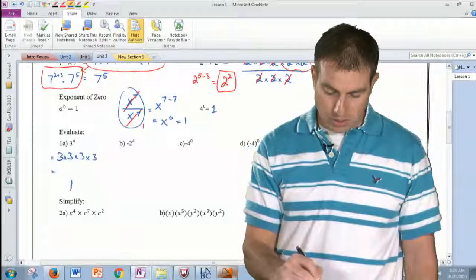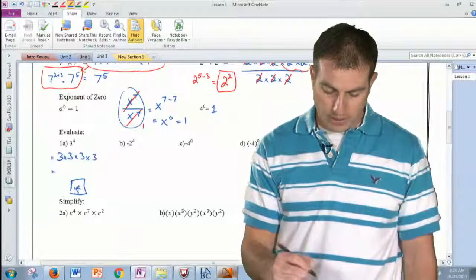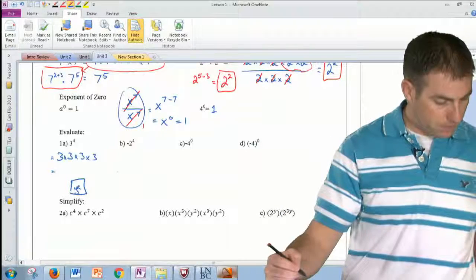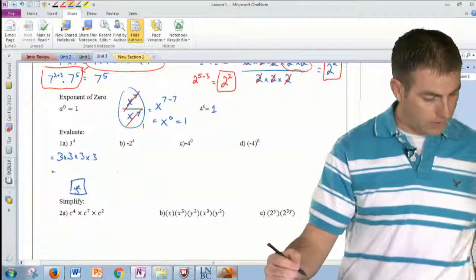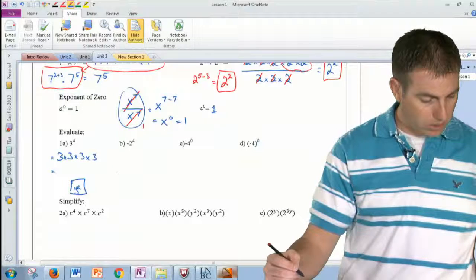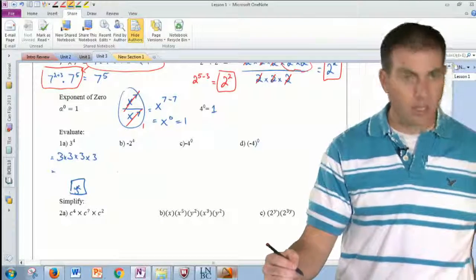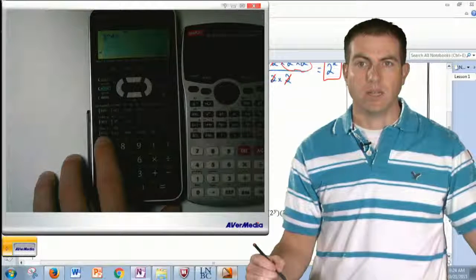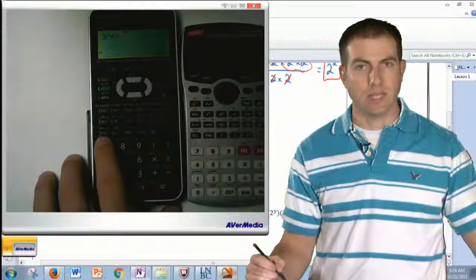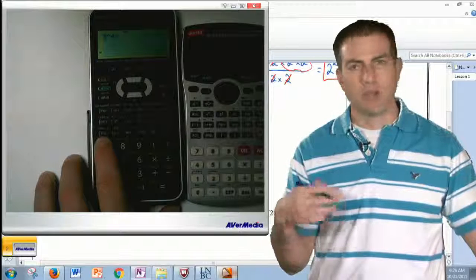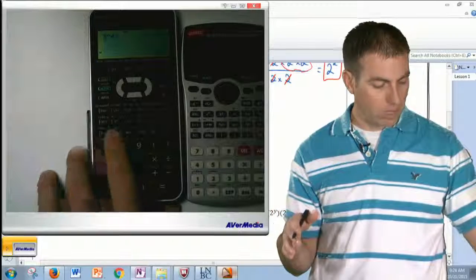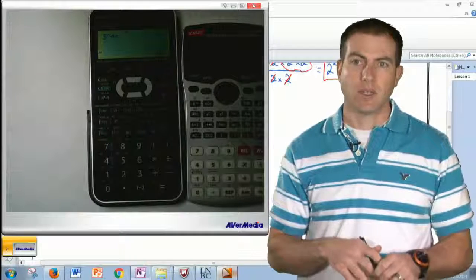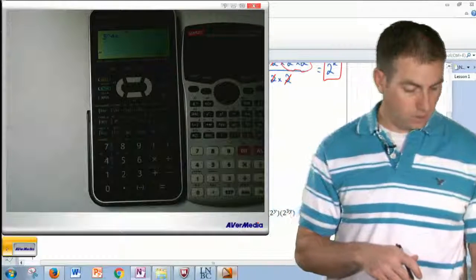There are other buttons that will sometimes work, but I don't want you to use, like the EXP button here. EXP is an exponential power, not what we want to use. So you probably have y to the x, or you probably have the little hat. And that's what you're going to do.